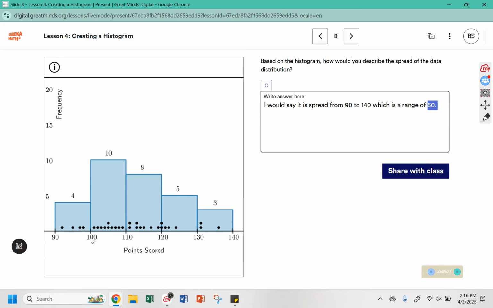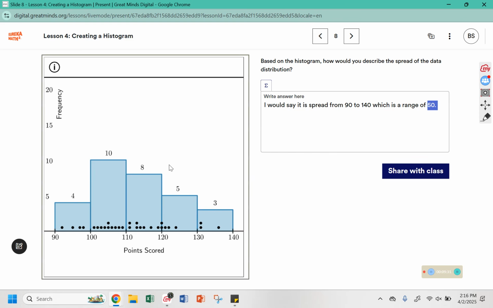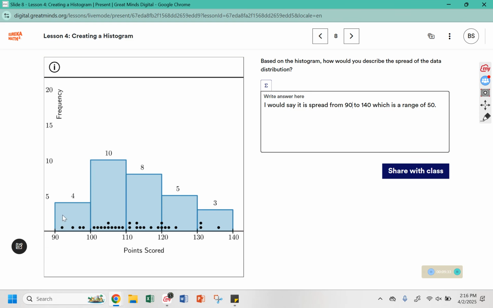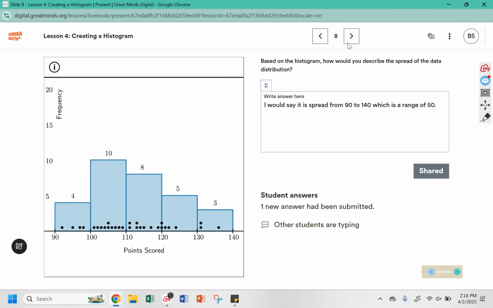But because we have an interval here of a span of 10, it's going to be larger than 44 because we're not getting the exact minimum and the exact maximum. We're looking at an interval for these values, and those intervals are a span of 10.